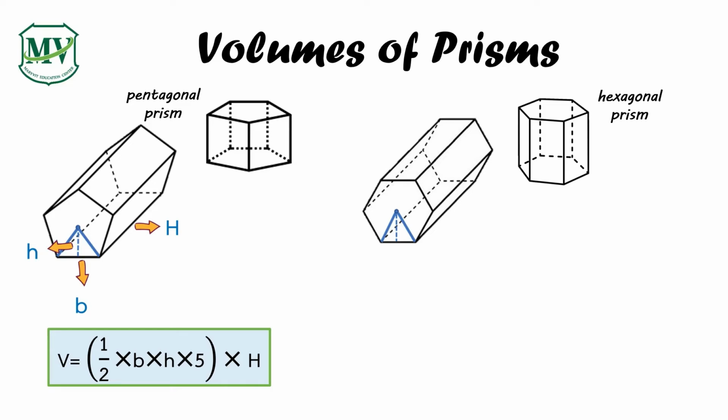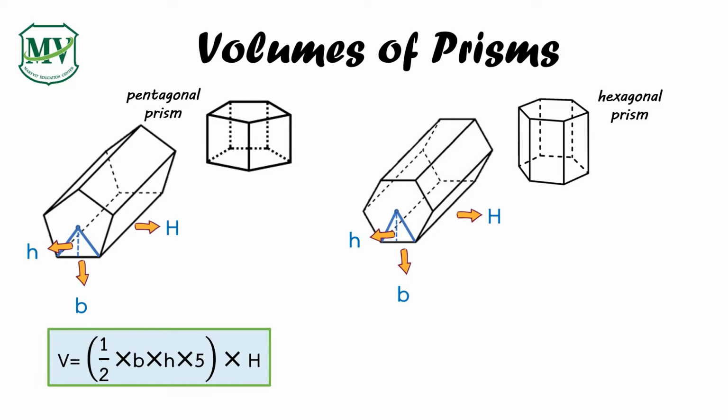We also have here a hexagonal prism. A hexagonal prism also has a height which is the big letter H, and on its base we could form a small triangle which has a height which is the small letter h and a base which is the small letter b.